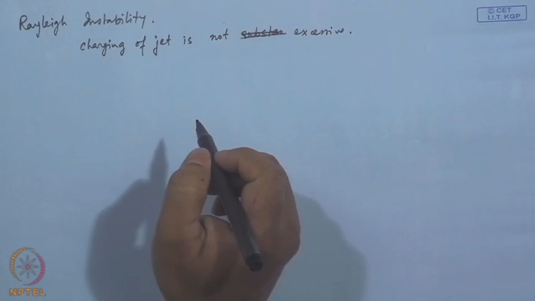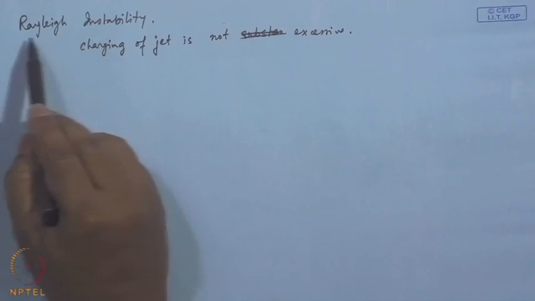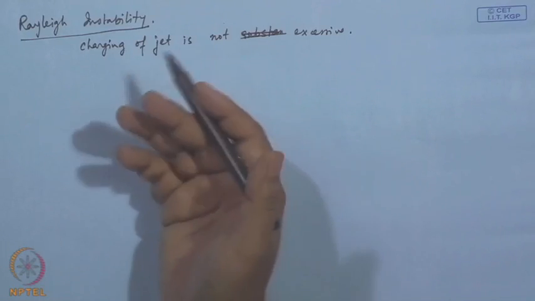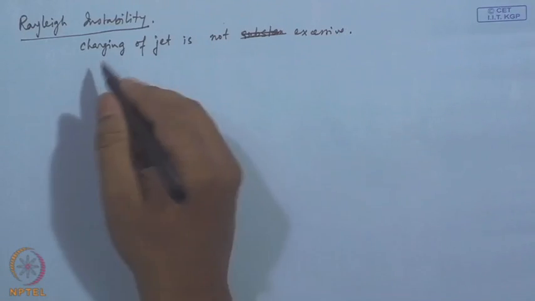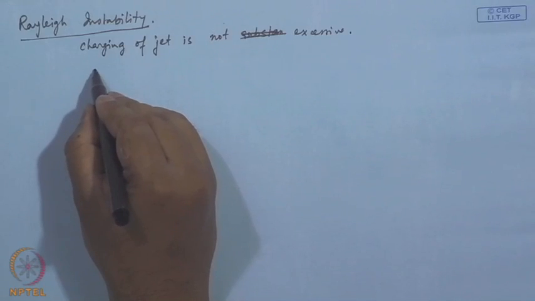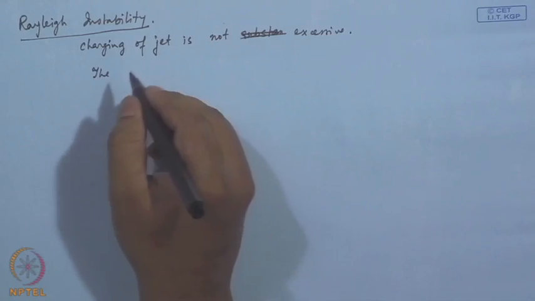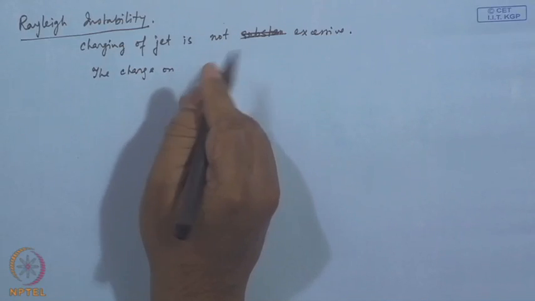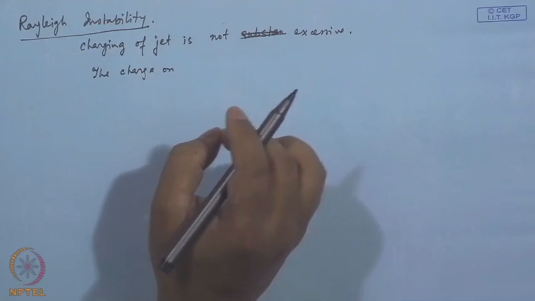This type of breakup of jet we have talked about is exactly the same one. Basically, you assume that the charge on the surface of the jet does not contribute significantly to this instability.